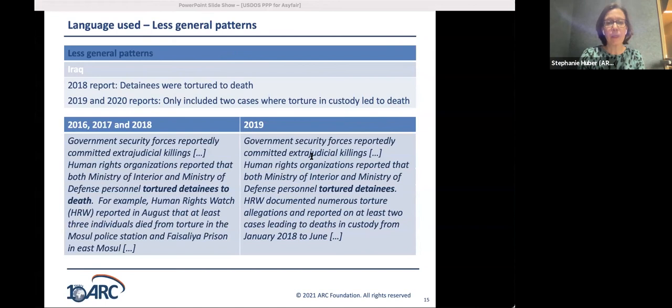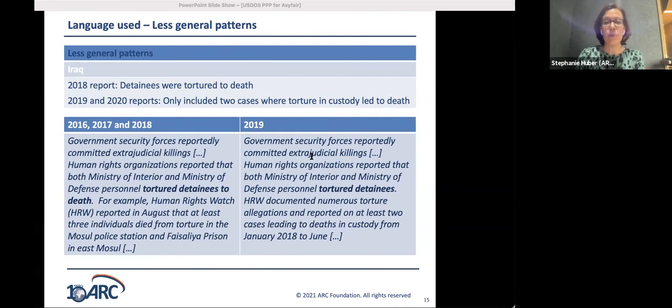So whilst the 2016, 17 and 18 reports described the general pattern that detainees were tortured to death and included a Human Rights Watch report as an example, the subsequent two years, so 2019 and 2020 editions, only included two cases as reported, again by Human Rights Watch, where torture led to death in custody.